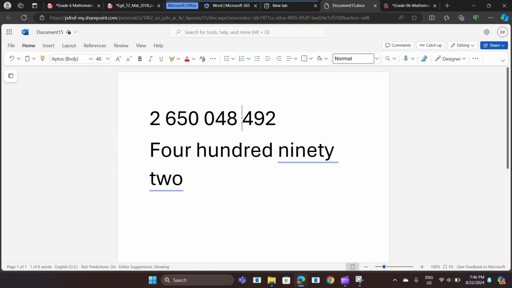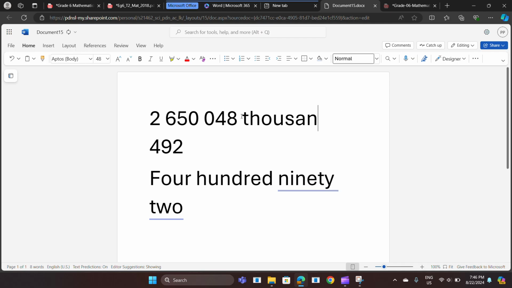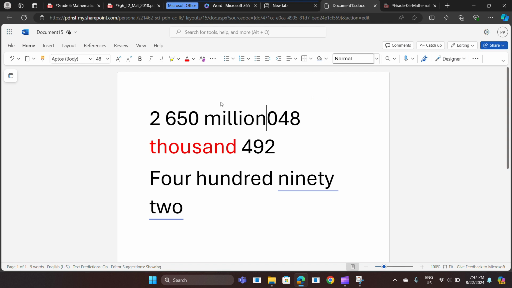It is 48. After this we should use thousand. And after this 650, we should use million. Likewise, in this one we use billion.